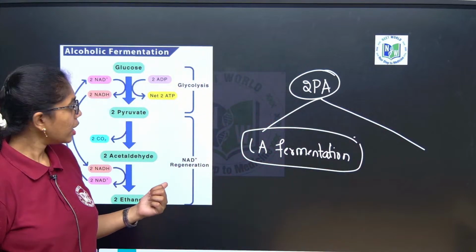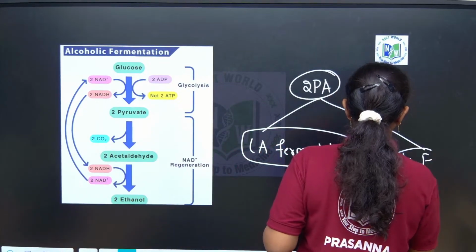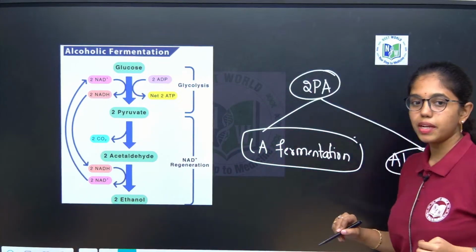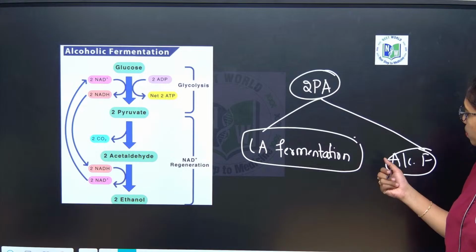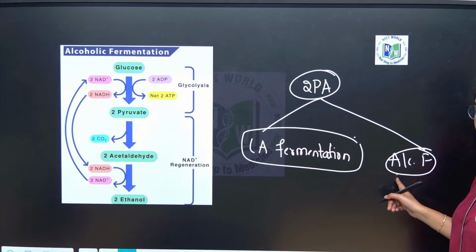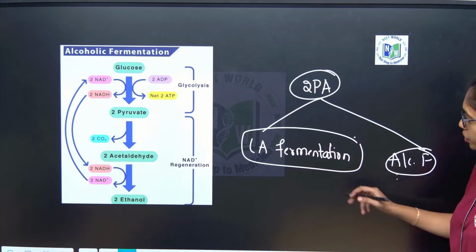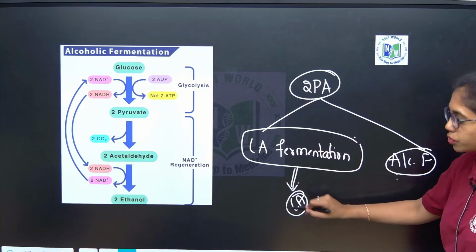Lactobacillus. And the second type is alcoholic fermentation. Alcoholic fermentation takes place where? By yeast cells or those bacteria which are used in the brewing industries, for making drinks and all. So, those will conduct what? Alcoholic fermentation.